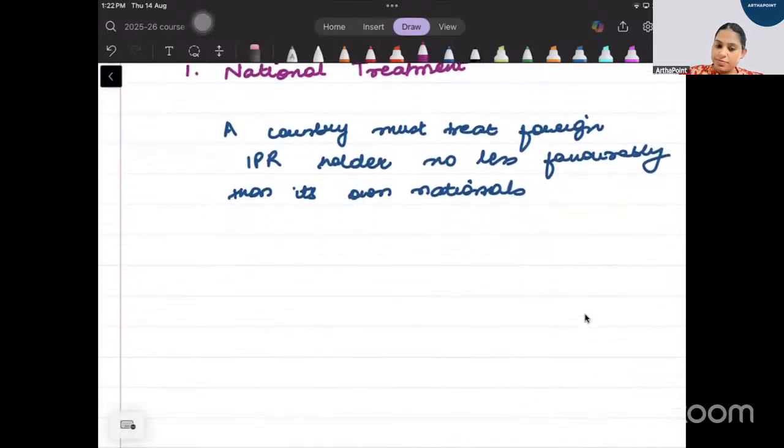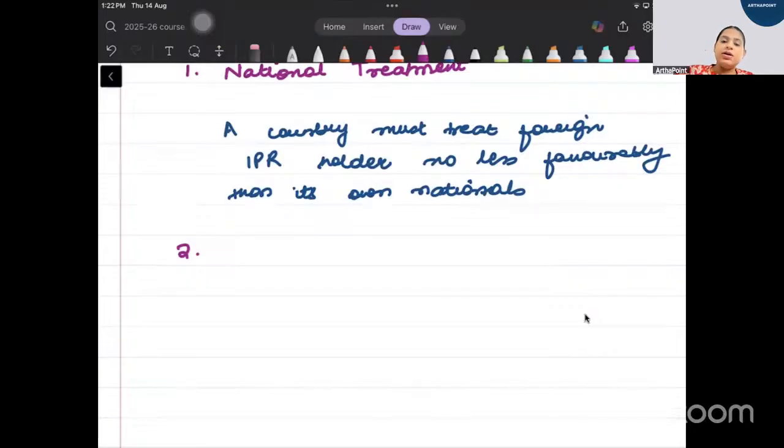So the meaning is clear: suppose someone has written a book in India and they are getting a certain amount of copyright protection. Then the same amount of protection should be given to any US author or a Japanese author also.